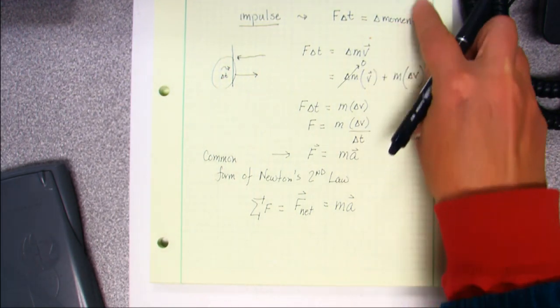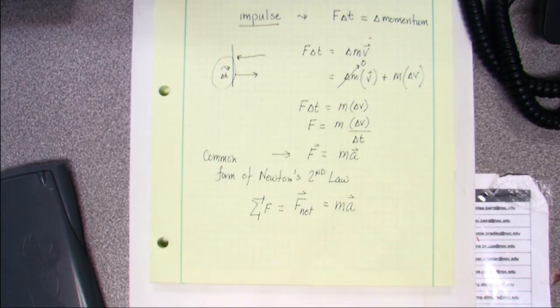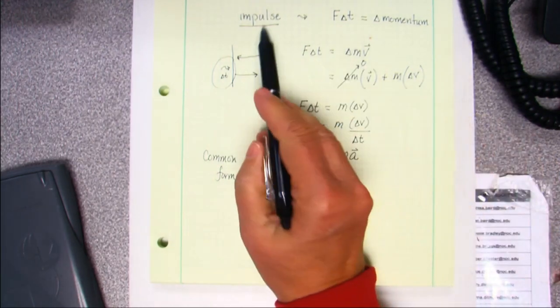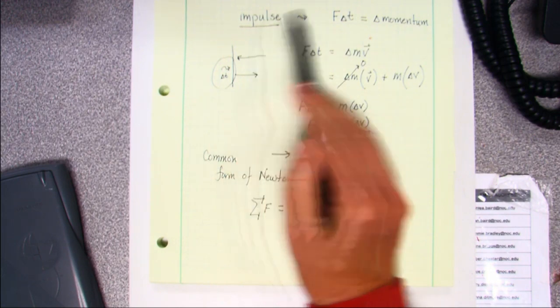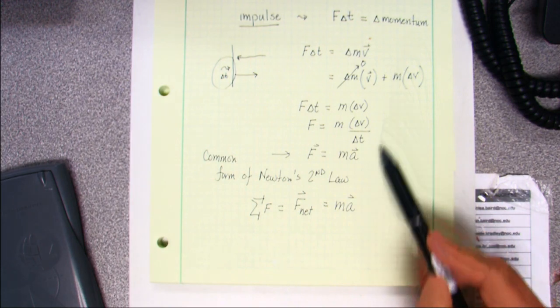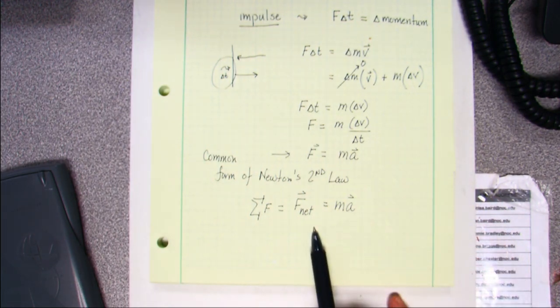And we'll ultimately come back to this idea about the change in momentum. But I like talking about the fact that Newton really talks about the second law in terms of impulse and momentum, which gives us this form of the second law, which we can use a lot, but it's not the whole story.